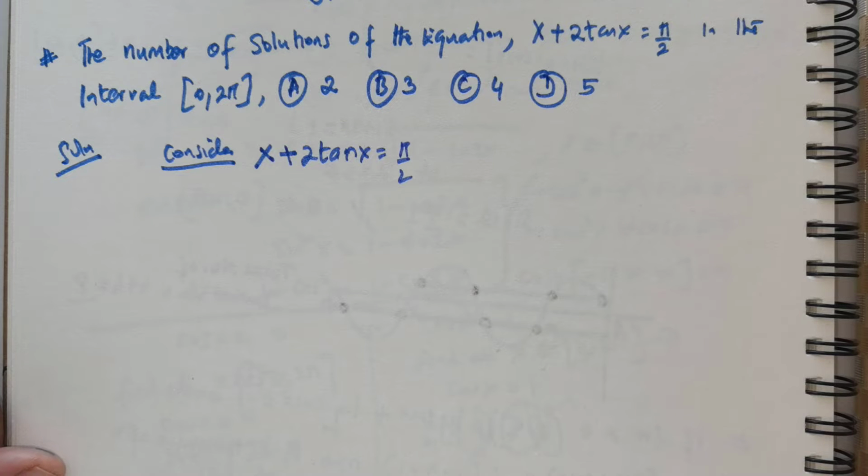The expression on the left hand side has x and tan x. Whenever we have expressions involving sin x and cos x, or sin x with tan x, or cos x with tan x, we can approach the question using trigonometric identities, but in this case it wouldn't be possible.